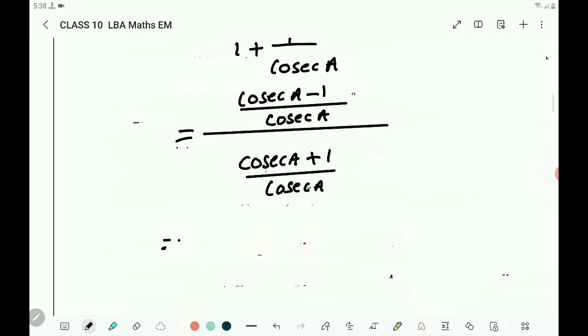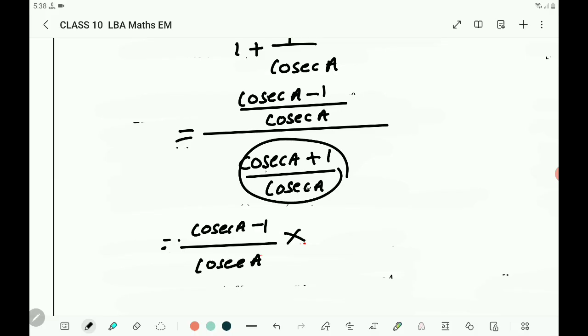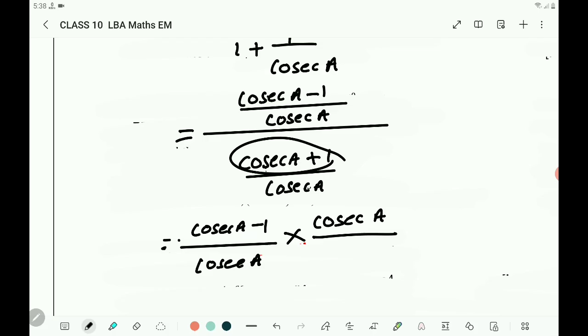Again, if you take the reciprocals, cosec A minus 1 by cosec A into, take the reciprocal of the denominator. Cosec A comes to the numerator and cosec A plus 1 comes to the denominator.